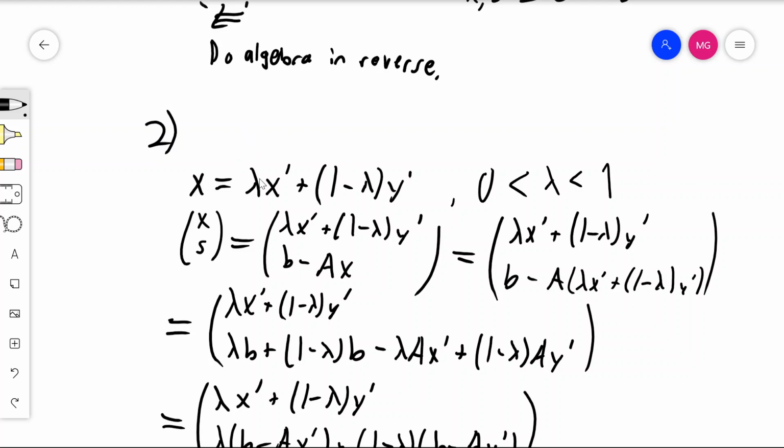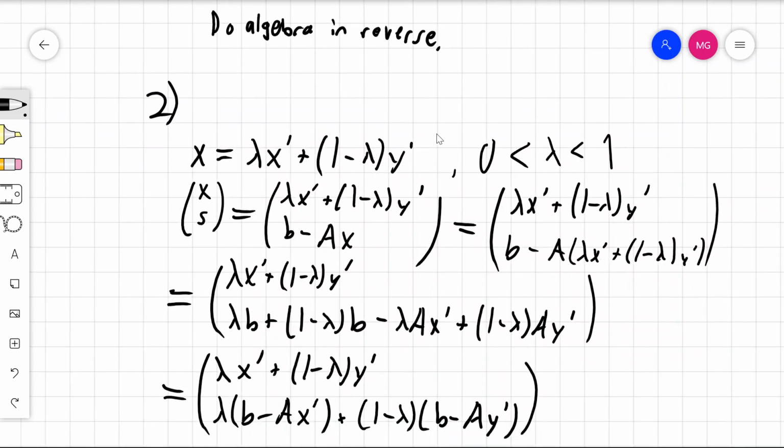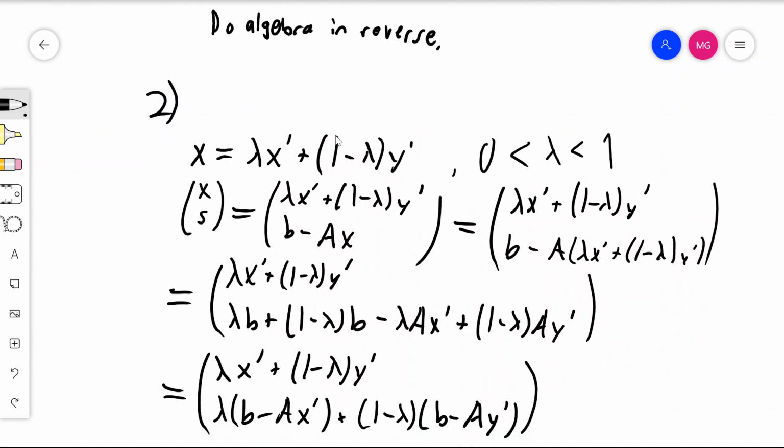If x is not extreme, then I can write it as being strictly between x prime and y prime, for some points x prime and y prime in the polyhedron associated to the original linear program. And so I have lambda x prime plus 1 minus lambda y prime for some lambda strictly between 0 and 1. That's just what it means for x to not be extreme.